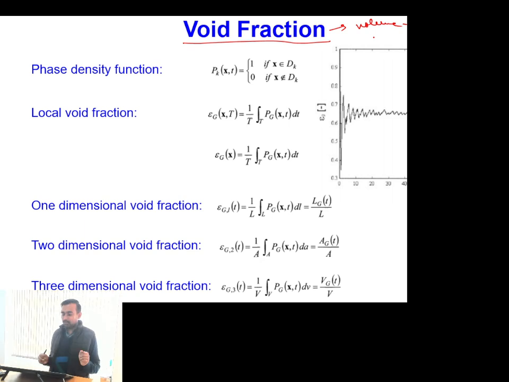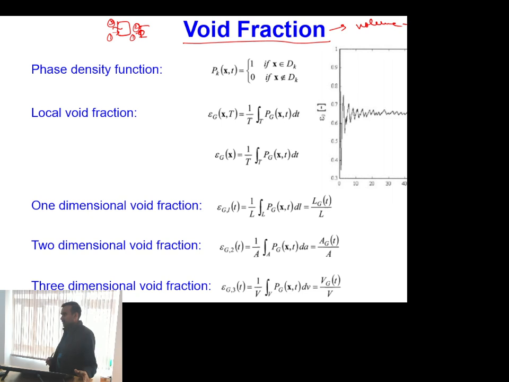I also gave you some idea about the localized void fraction, that void fraction is not always a global parameter, it's also a local and instantaneous parameter, because at a particular boundary of a control volume, at any time there can be, say, in this portion fluid 1, in this portion fluid 2, and at some other time in this portion there can be fluid 1 and in the remaining portion fluid 2.